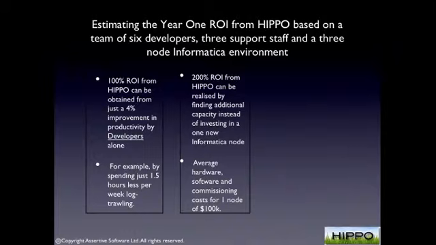Number 2, we have 200% ROI from HIPPO if you can find additional capacity instead of investing in one new Informatica node for your environment.